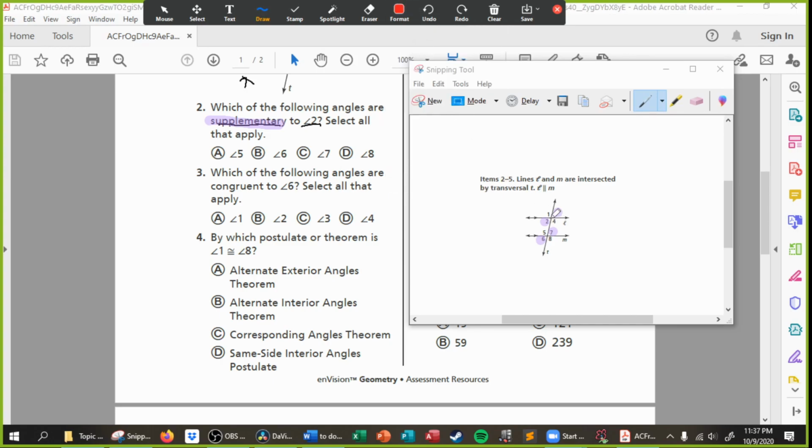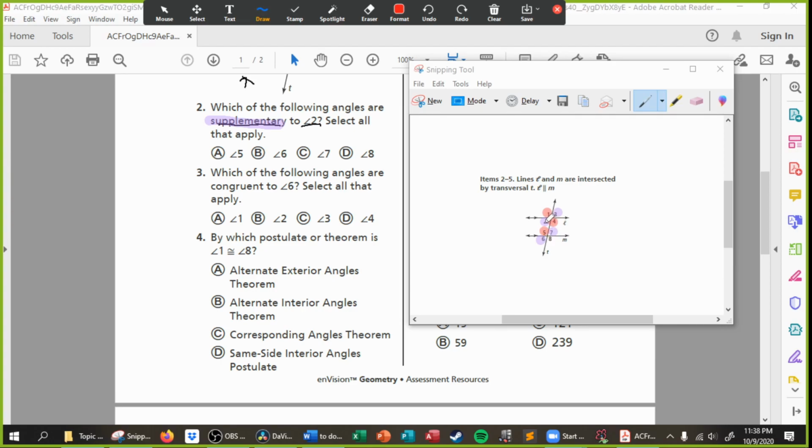I'm going to come in a different color, and I'm just going to mark all the ones that are supplementary. And that means they add up to 180 degrees. 2 and 1 are a linear pair. 2 and 4 are a linear pair. 2 and 5 are same side interior angles, so they're supplementary.